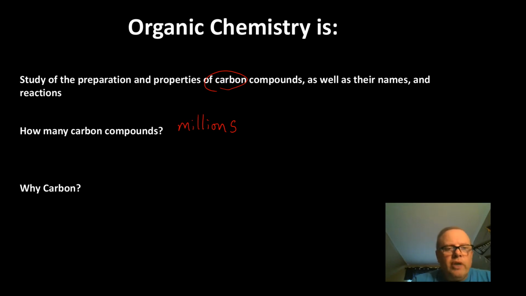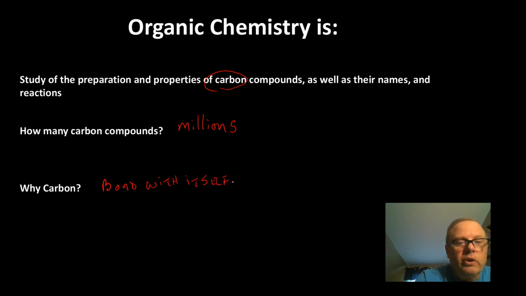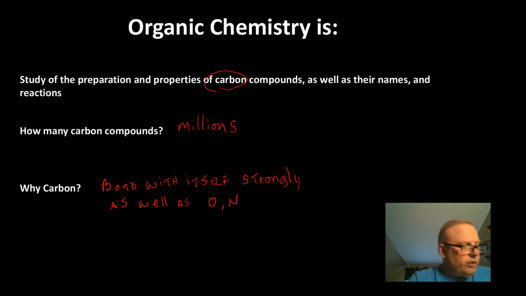Carbon itself is able to make a number of different compounds. And why so many different compounds? What it is about carbon is it's able to bond with itself very strongly. Not every element can do this, but it can bond with itself strongly, as well as oxygen, nitrogen, and let me check my notes.